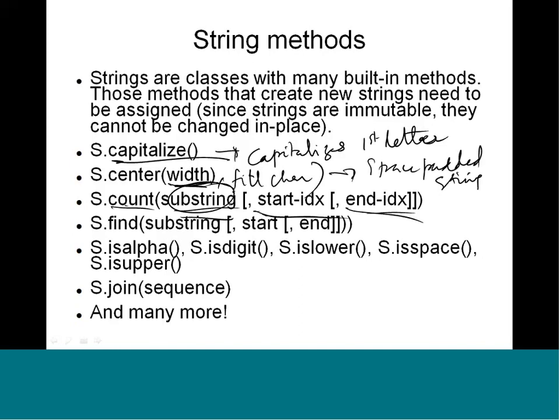If you don't specify, count substring just sees how many times the substring occurs in the string. If you are giving both the start index and the end index, it starts from that start index and ends at the end index and looks for the substring.